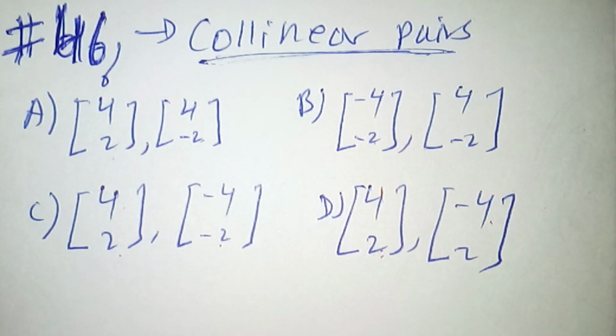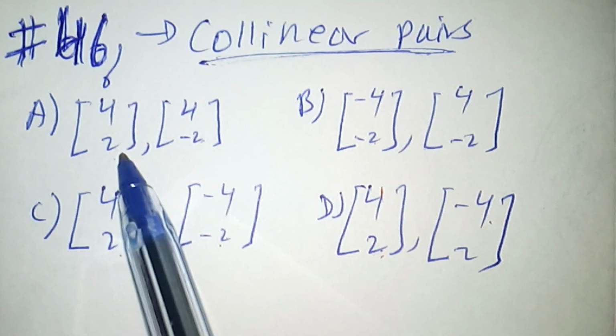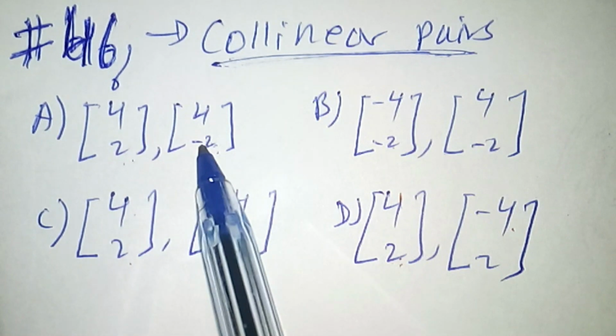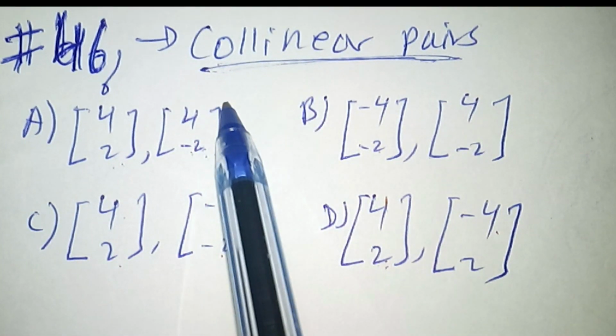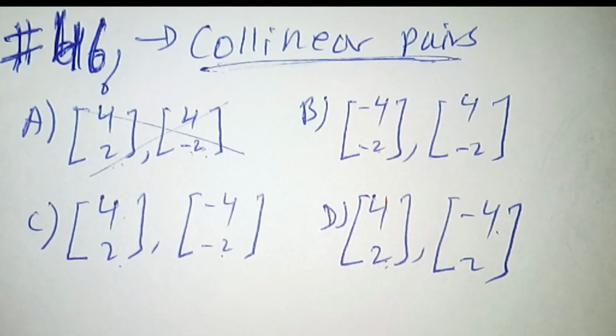So here on A, this vector is in the first quadrant and this vector is in the fourth quadrant. The vectors in the first and fourth quadrant cannot be collinear with each other. So there is no possibility for these two vectors to be collinear.